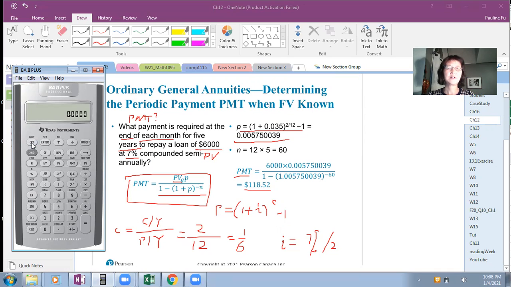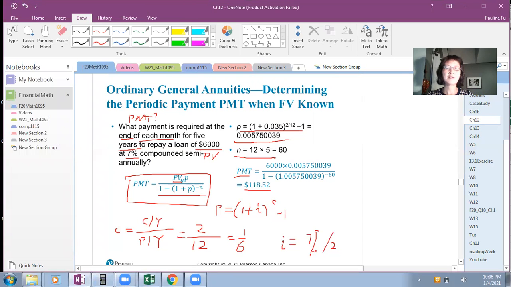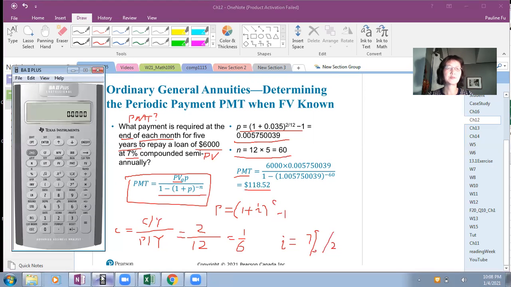And now you make the payment each month for 5 years. So N equal to 5 years times 12. Okay, in 5 years you make 60 payments. So 60 is N.